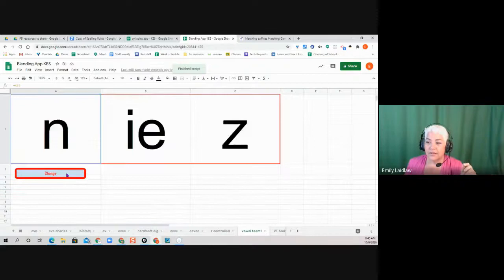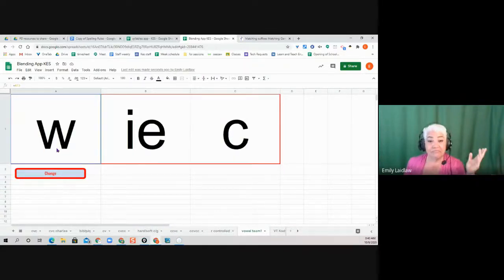So is it weak or wike? So I want them to say weak, wike. Now, if I only have 20 minutes in intervention, I might not get to automaticity here, because that might not be the highest priority. If I'm working with a student longer term, I will do this.